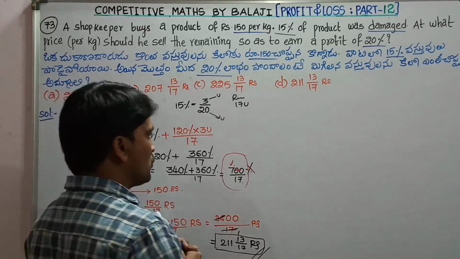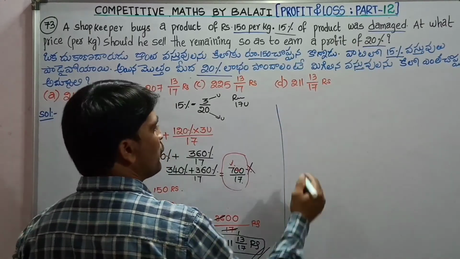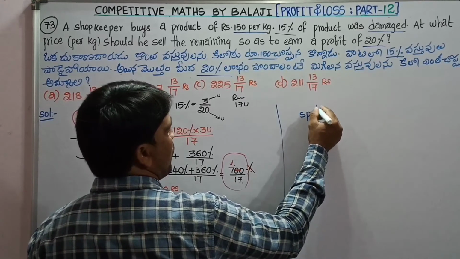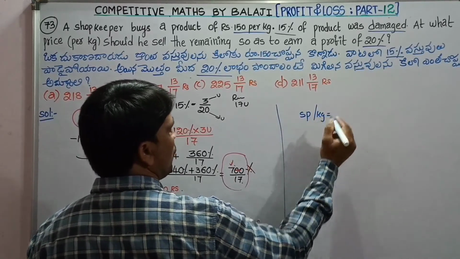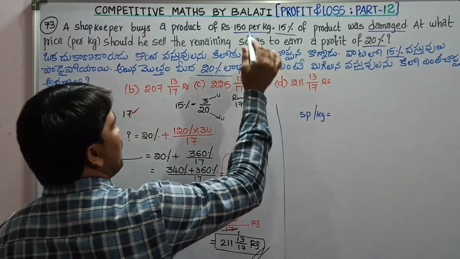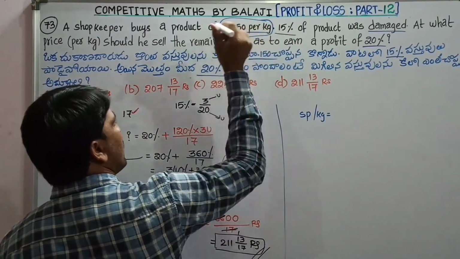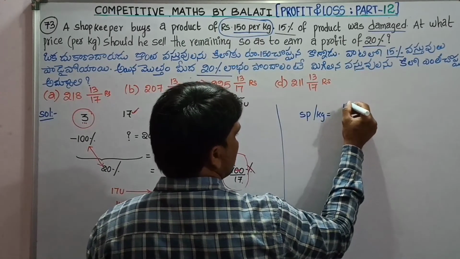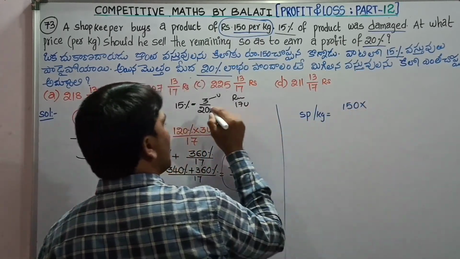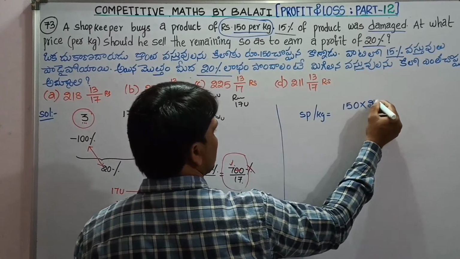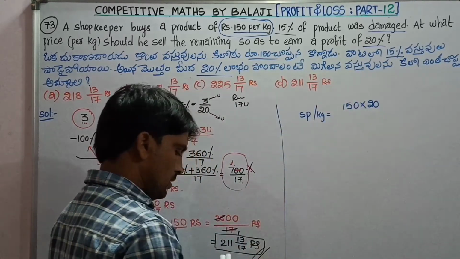Let us see it by method 2. We have to find the selling price of the product per kg. Since the cost price of the product per kg is 150 and total products are 20 units, so this is the total cost price.